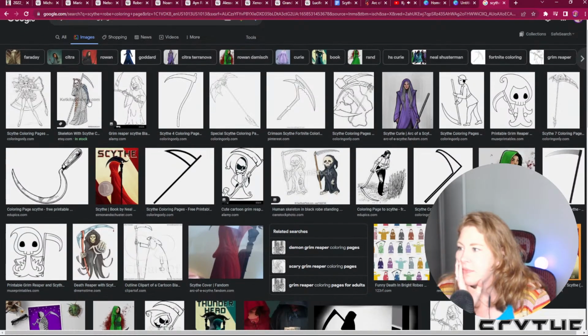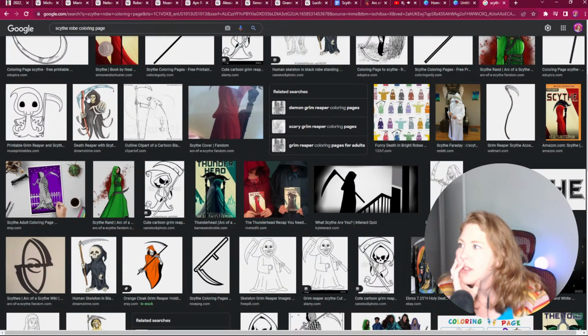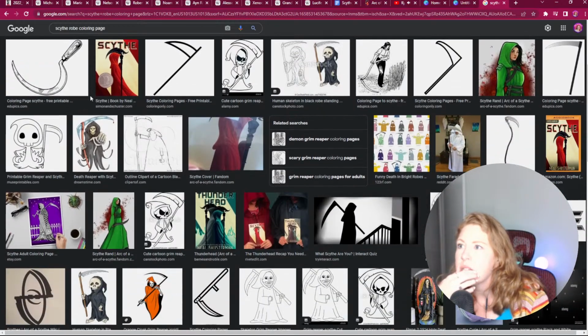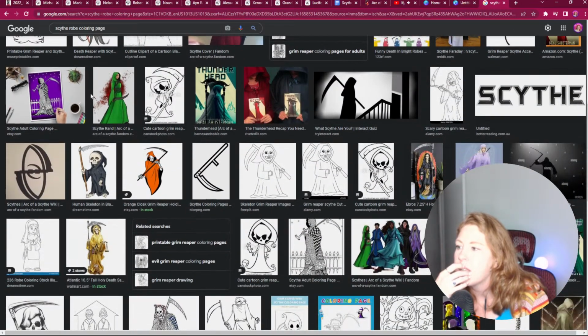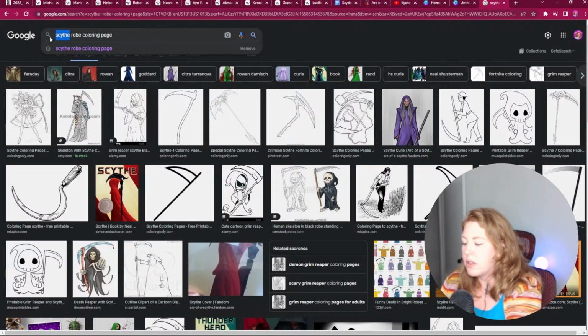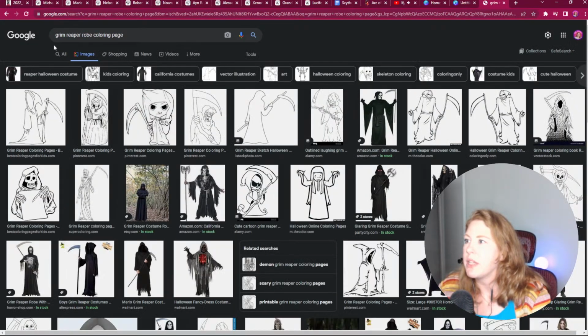Okay. So I really didn't want to have all these actual weapons in the picture. I just wanted, okay, how about, we're gonna do Grim Reaper robe coloring page.